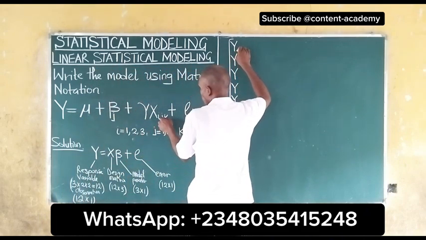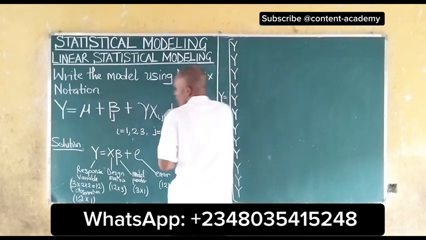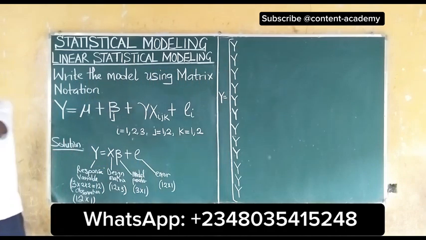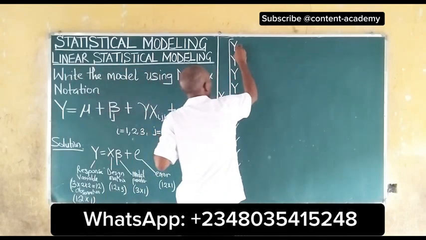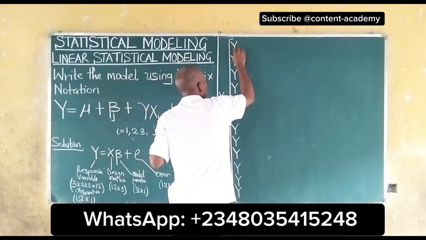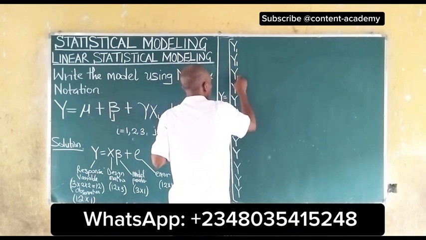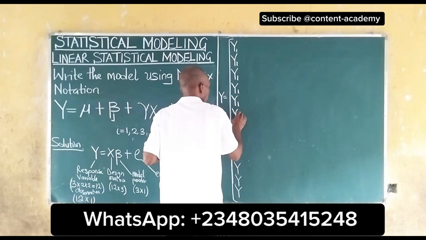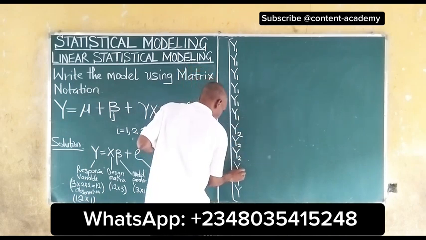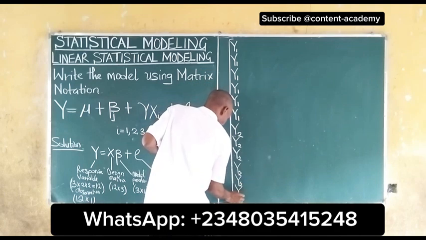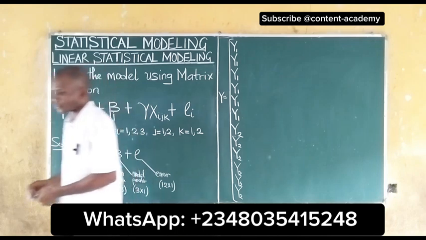That means our values for i, j, k. How do we compute our values for i, j, k, given the model? The first thing you do, you say 1, 1, 1, 1, 1, 1, then 2, 2, 2, 2, 2, 2. That is the first thing you do.